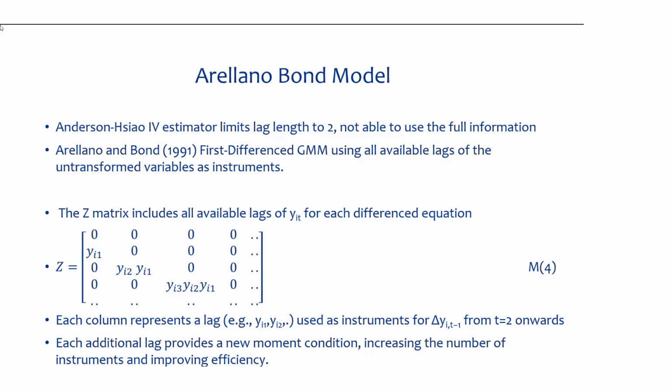Basically, each additional lag will provide more information. But once you run this in a model, there will be an instrument corresponding to each of them, so the system is going to get complex. Here you are trying to estimate beta 1 and beta 2. If you include more instruments, there will be a coefficient corresponding to each lag.